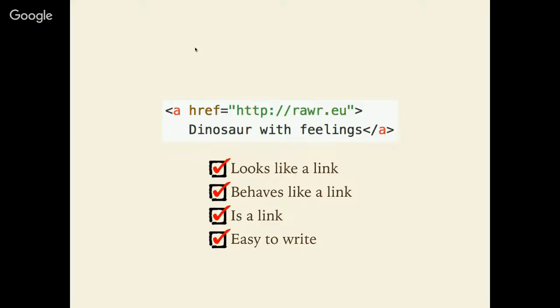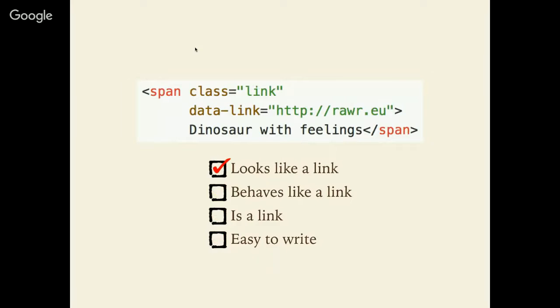So we go to the next slide, which has a span element with a class of link and a data-link attribute of rawr.eu, the link that was in the href attribute in the previous slide.